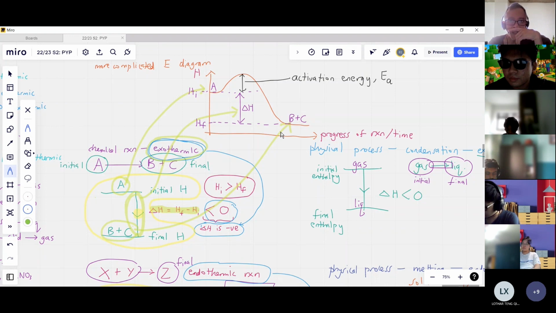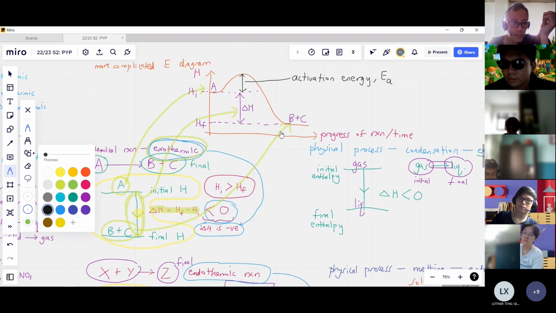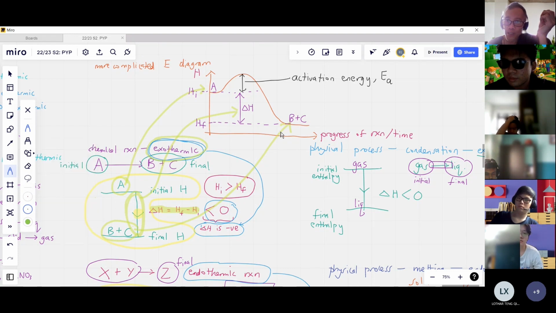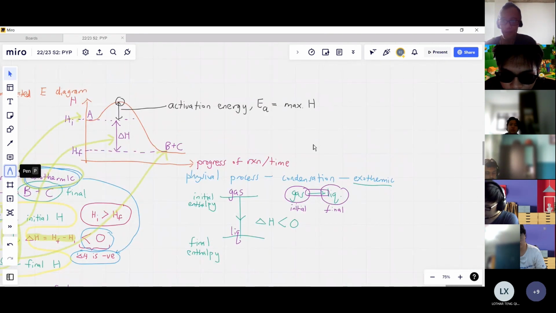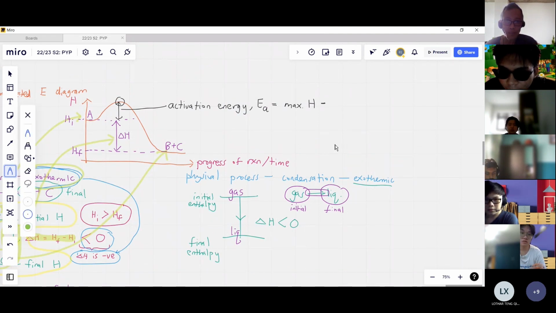And notice what is activation energy. Let me just write down, even though you won't be asked in this manner. Basically, activation energy is equal to the maximum entropy, oh, by the way, this is the maximum, minus the initial entropy.